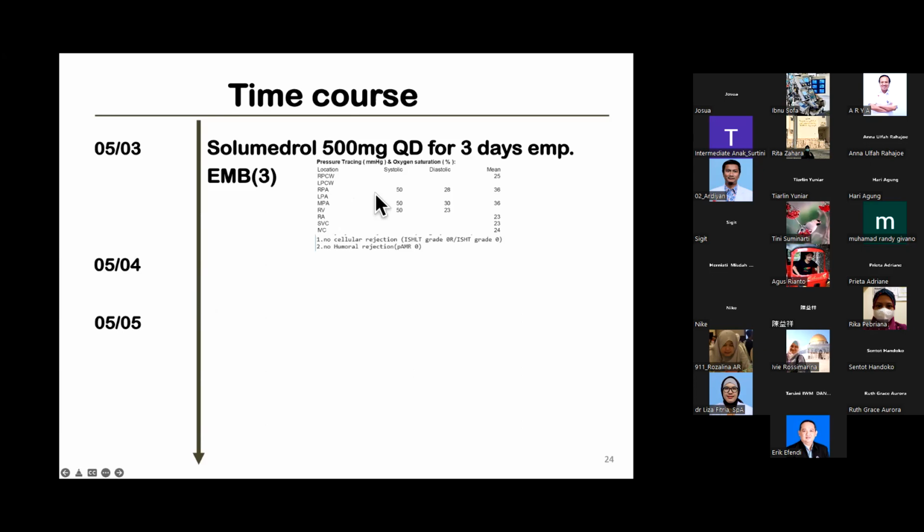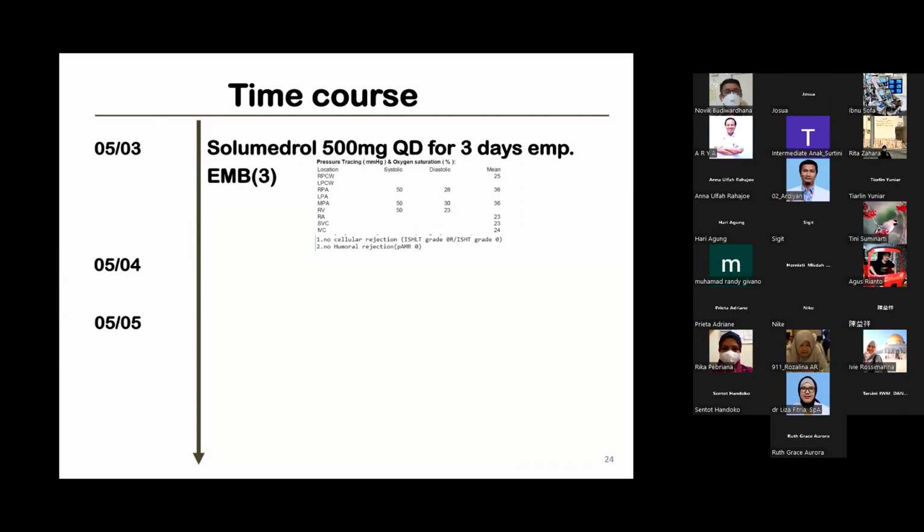As I said just now, between infection and rejection, the only evidence we have is for rejection. So I just do the biopsy to prove there is no cellular or humoral rejection. Once we prove this, I will decrease our immunosuppression, lowering the dose of steroid.